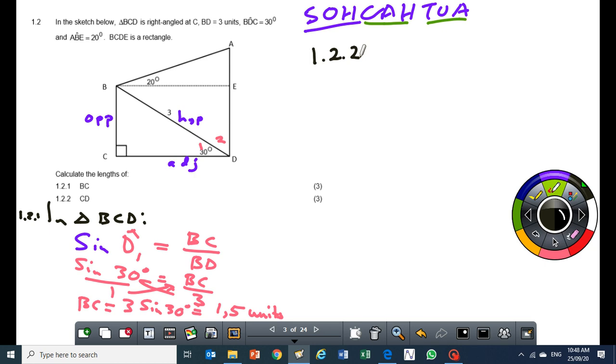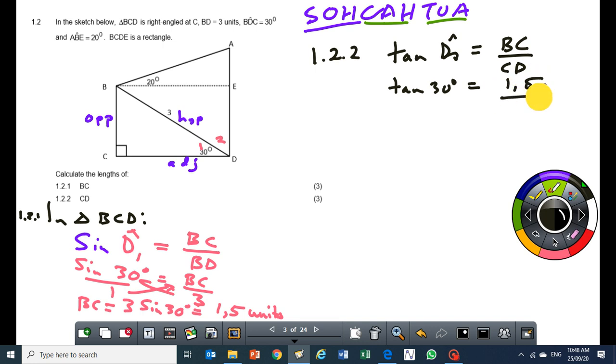So tan D1 is equal to the opposite side, which is BC, over the adjacent side, which is CD. So tan 30 is equal to BC, which is 1,5, divided by CD. And then you cross multiply, so you end up getting CD equal to 1,5 over tan 30.